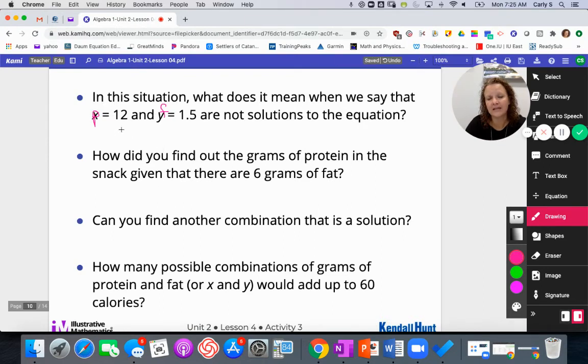It means that when we substitute them, they don't make the equation true. So after substituting, the equation is not true.